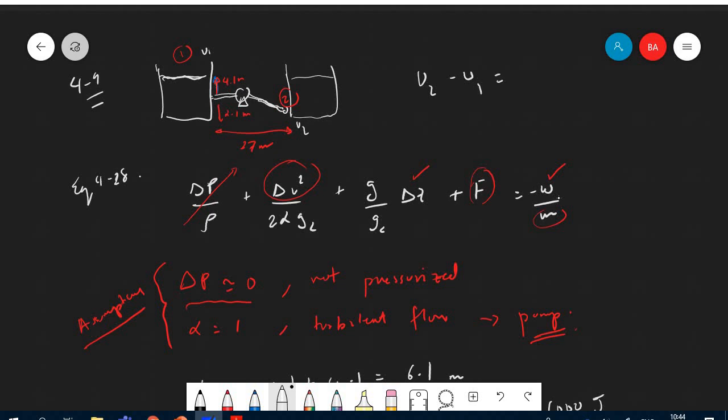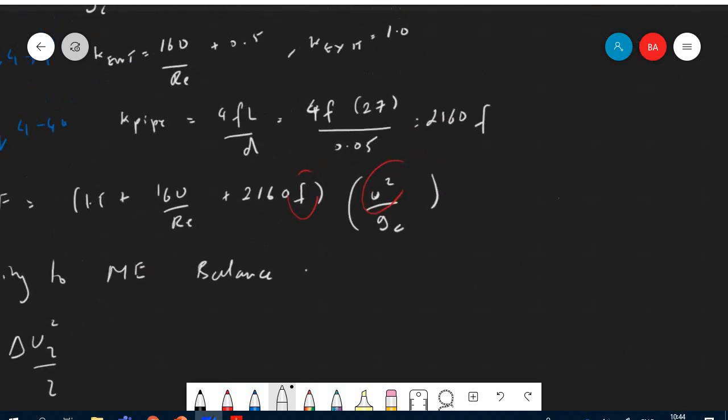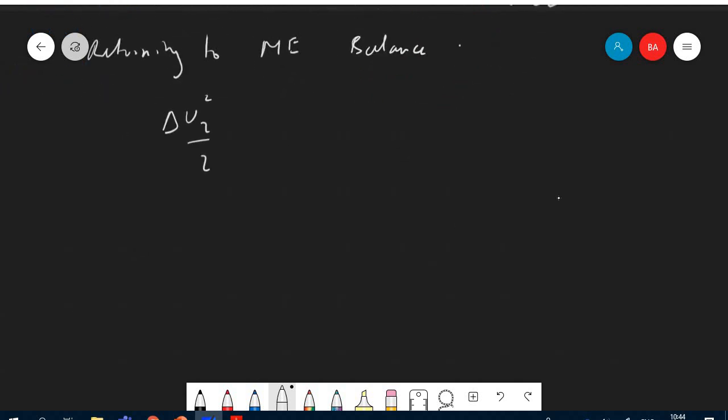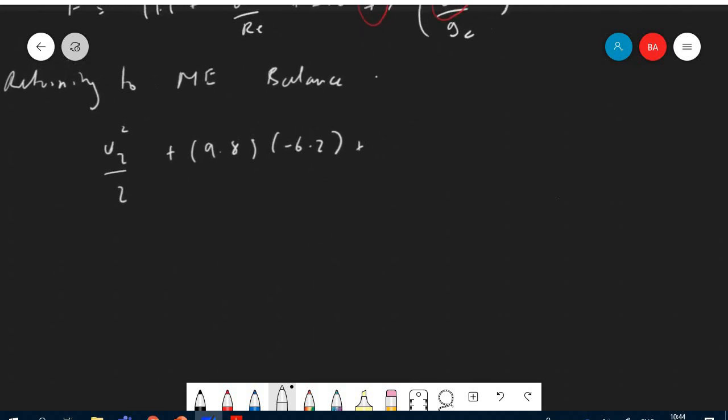We are saying u2 minus u1 is equal to u2. So delta u2 square will be u2 square, plus g, not g over gc, if you can remember, since you're talking about SI units, so it's just g, no correction factor. And this is the F term that I have here.